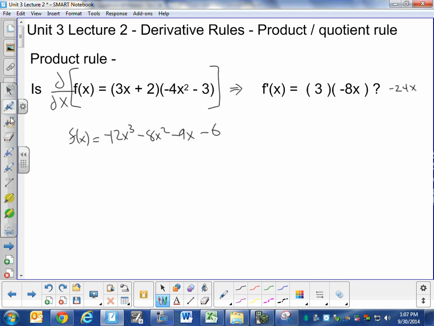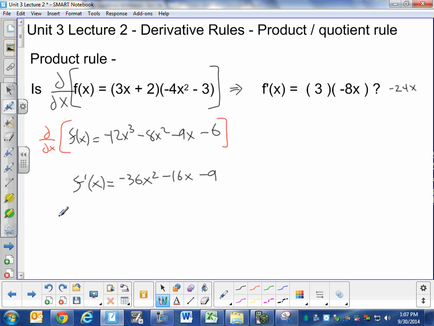If I took the derivative of this, I see that my derivative should equal negative 36x squared minus 16x minus 9, which is not the same as negative 24x.